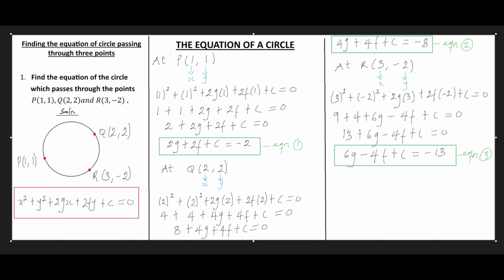So with equation 1, we have 2g plus 2f plus c equal to minus 2. Equation 2, we have 4g plus 4f plus c being equal to minus 8. And then lastly, for equation 3, we have 6g minus 4f plus c being equal to minus 13.